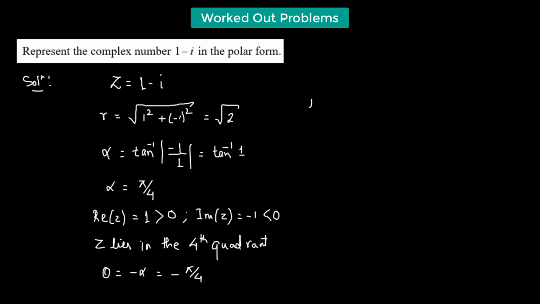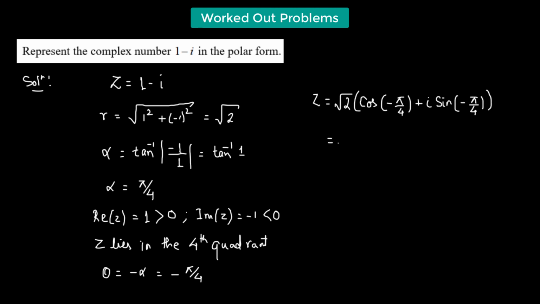So in the polar form, the value of z is equal to root 2 times cosine of negative pi over 4 plus i times sine of negative pi over 4.